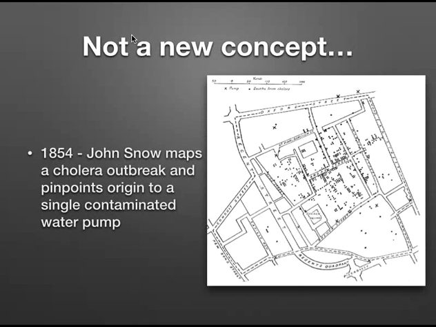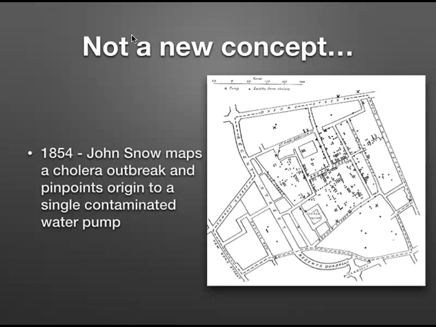This idea of creating visualizations and getting data out of maps is not really a new concept. I like to bring up this example. In 1854, Snow mapped an outbreak of cholera in London.